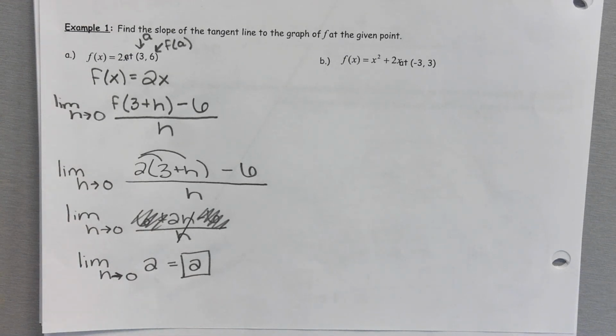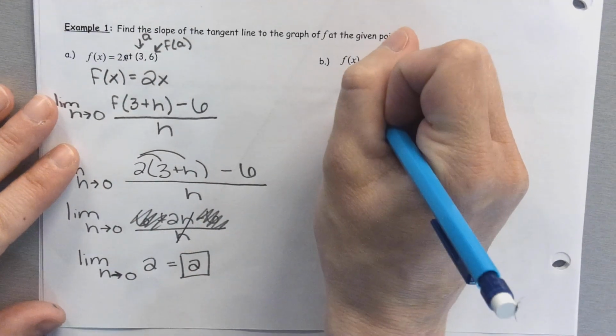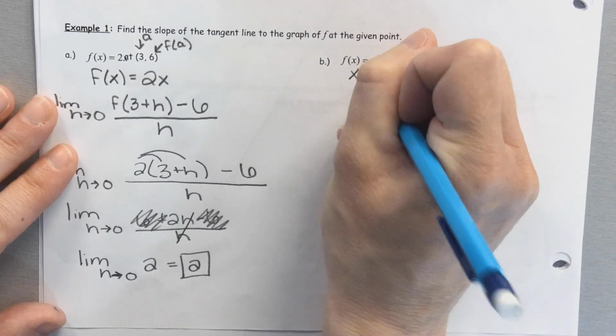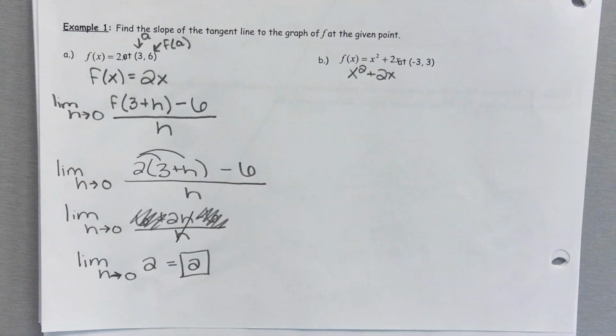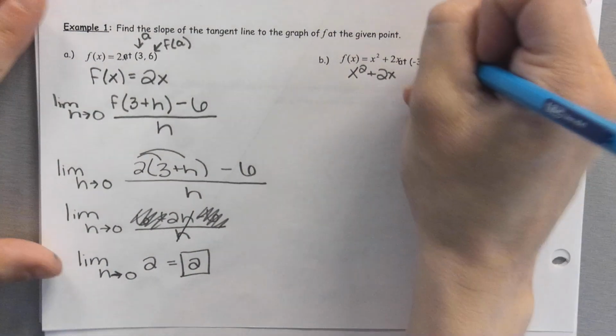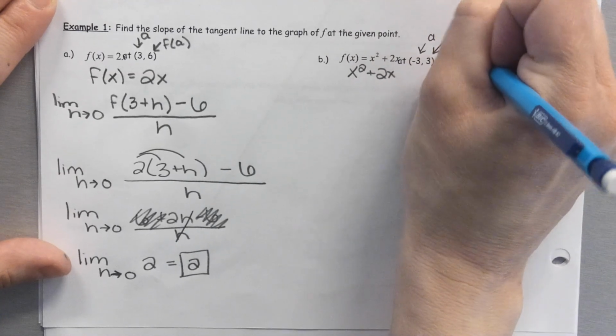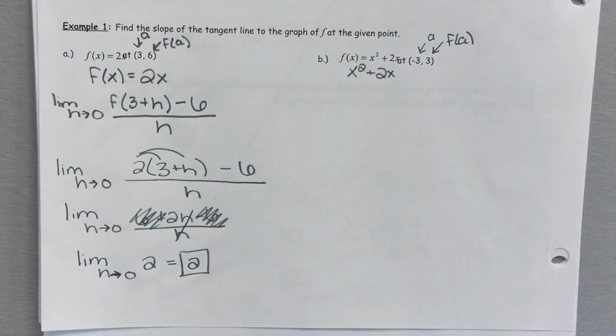Okay, but they get harder because life, right? Of course they do. So let's do another one. This one says x squared plus 2x, by the way. Again, it's kind of a little garbled. It kind of got a little shoved in there. All right, this is my a again, and this is my f of a. Again, we know what we're trying to do is we're trying to go to this point and at that point find what the slope is.